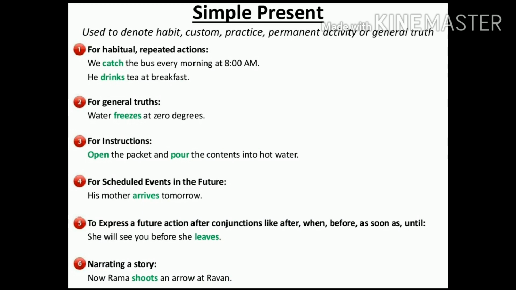So the verbs catch and drinks are in the simple present form, and they are simply agreeing with their subject. We is plural, so catch is plural, and he is singular, so drinks is singular. Simple subject verb agreement is over here, and it is not conveying any other thing apart from a habit or a repeated action. So use a simple present whenever you want to write any such.